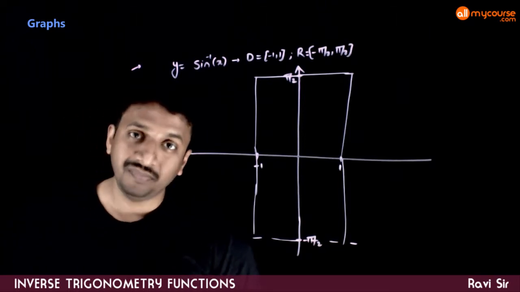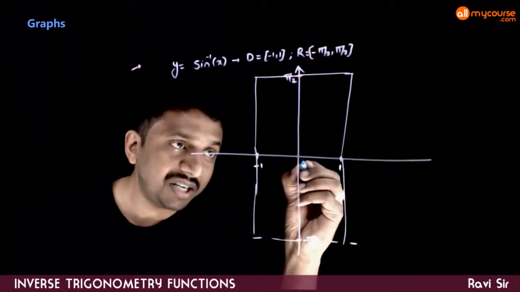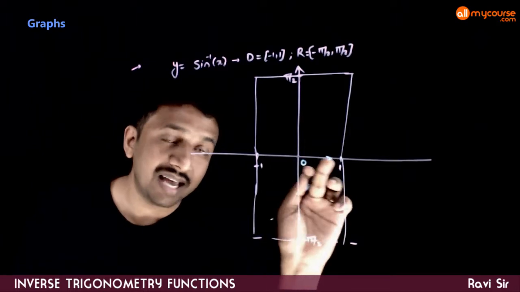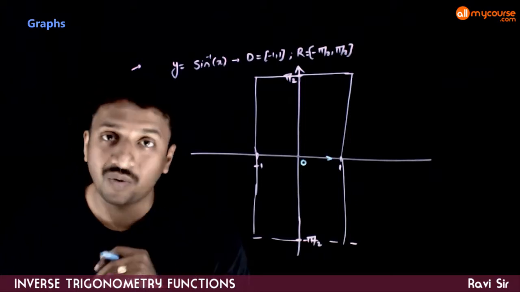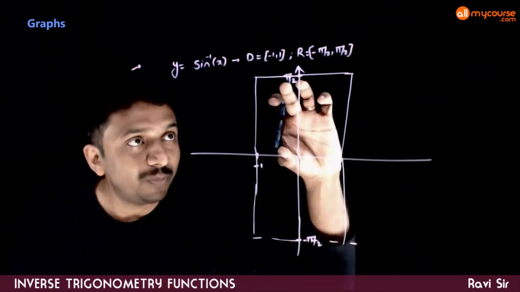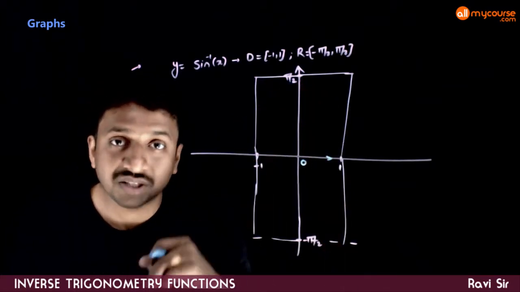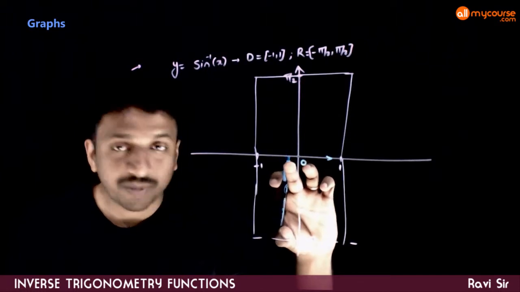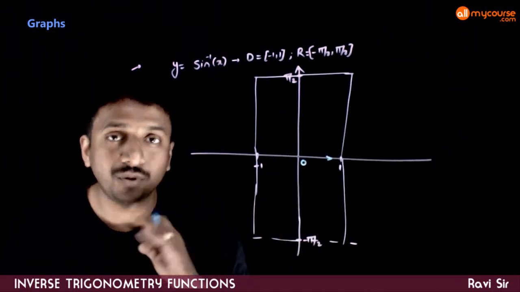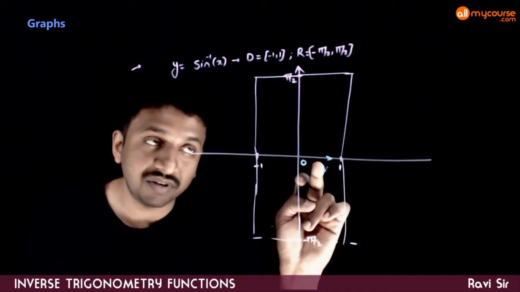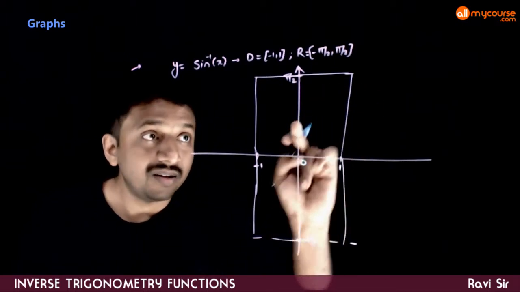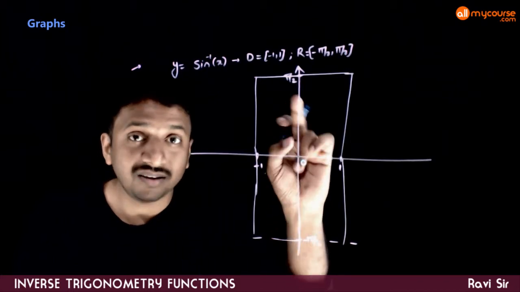Next, if positive numbers go inside sine inverse, you get angles in the first quadrant, right? So 0 to π/2 corresponds to angles in the first quadrant, and 0 to -π/2 corresponds to angles in the fourth quadrant. So if positive numbers go inside sine inverse, you get values of y in the first quadrant.